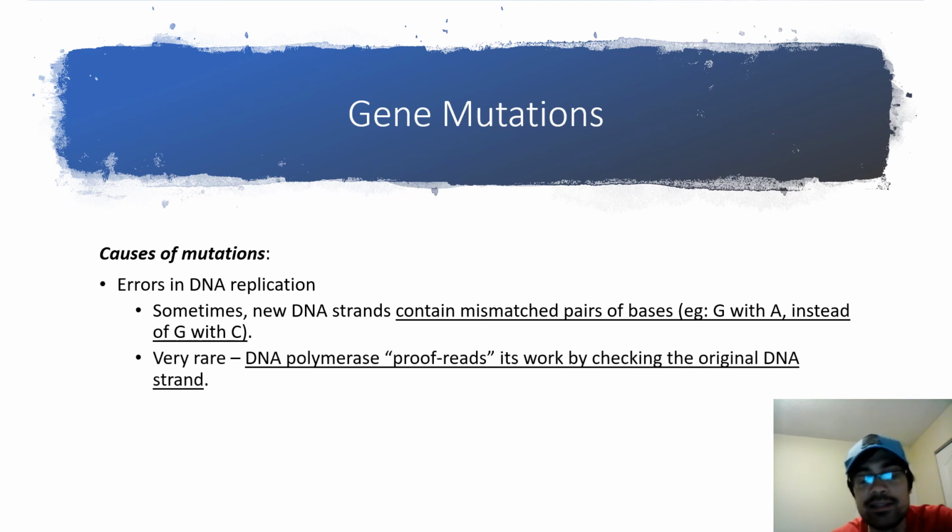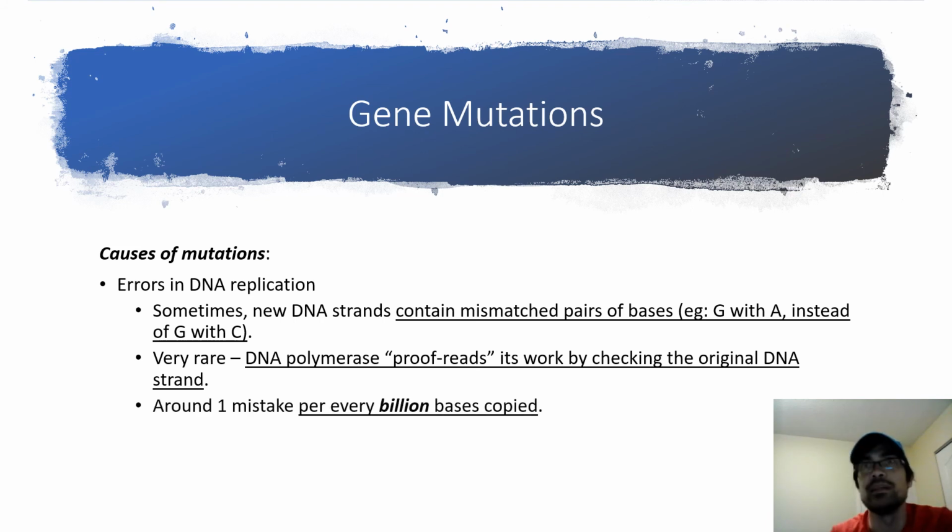But this isn't all that common because our body has built-in mechanisms to fix these errors when they do happen. So there's an enzyme in your body called DNA polymerase that is going to proofread any of the work done while replicating to make sure that there are no errors, and it's pretty good at its job. It makes a mistake, maybe misses something, in about 1 in a billion bases copied.